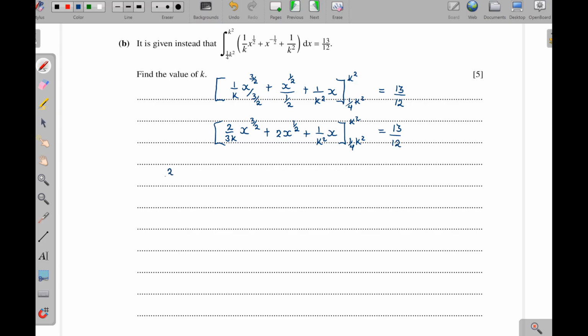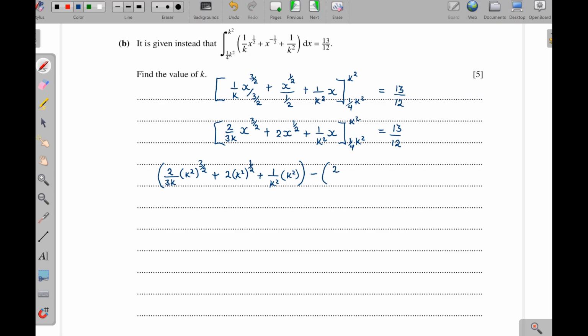Now let us put the limits. So we shall have 2 over 3k. Where there is x, I'm going to put k squared. So you put k squared to the power of 3 over 2, then plus 2, then you have k squared here to the power of a half, then you have 1 over k squared, and where there is x, you also put k squared. That is that. Then we put minus, and then we put this one here.